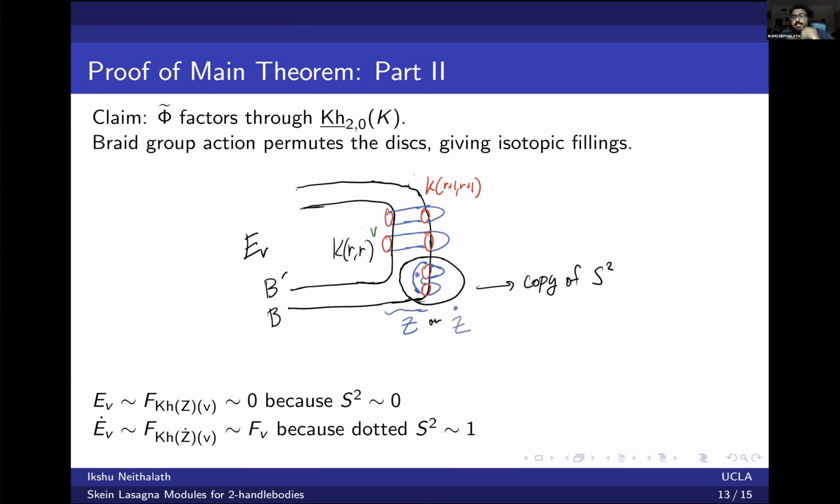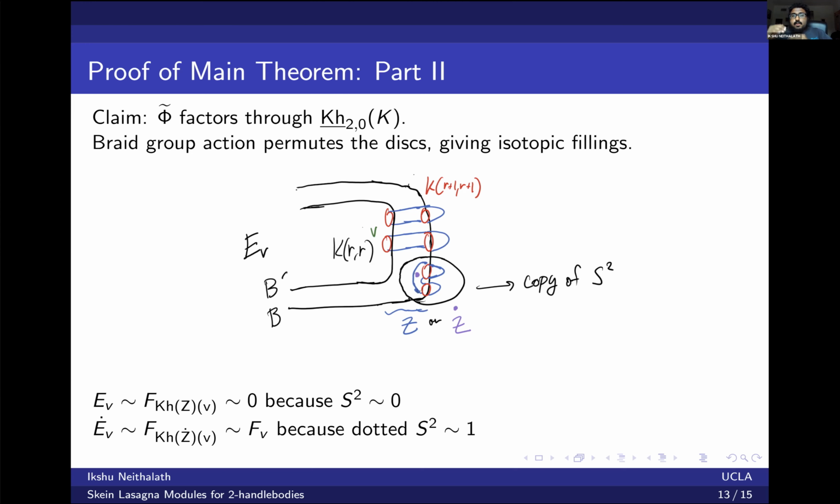Okay, but you think of the discs as drawn here parallel, but they're really more like nested somehow, right? So there's the isotopy that pushes them off. Those discs that you're capping off with aren't the core of the 2 handle, they're core parallel discs.